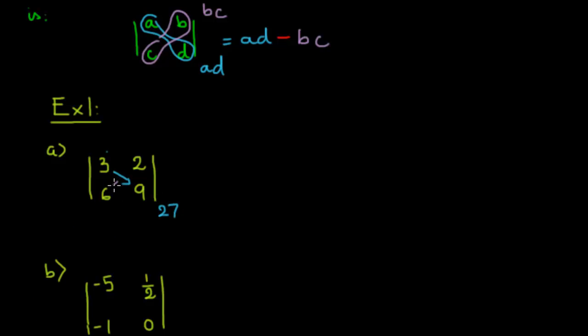Then 6 times 2 gives me 12. Then we do bottom subtract top, so 27 minus 12. As you see, the minus, I always use the red color to tell you that it is always minus 12. So that will give me 15 as the answer.